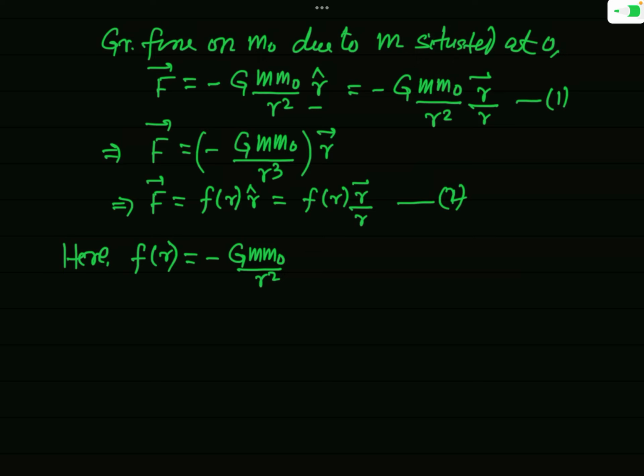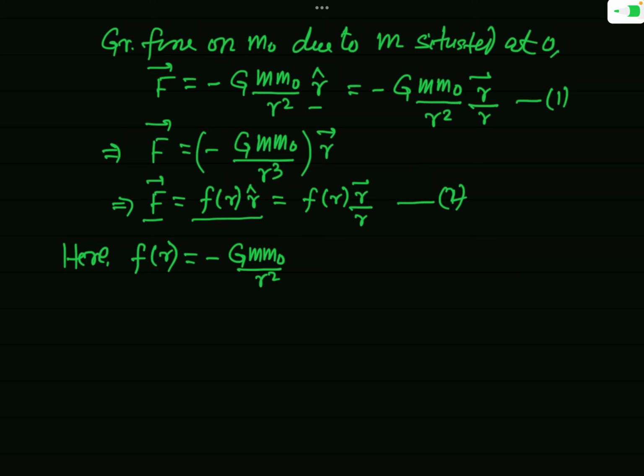And as I have seen in the definition, whenever a force F can be expressed by this equation, that is F equal to F of r times r hat, then we say that the force is a central force. And you can see that this gravitational force satisfies this very condition. So you can say that gravitational force is a central force.